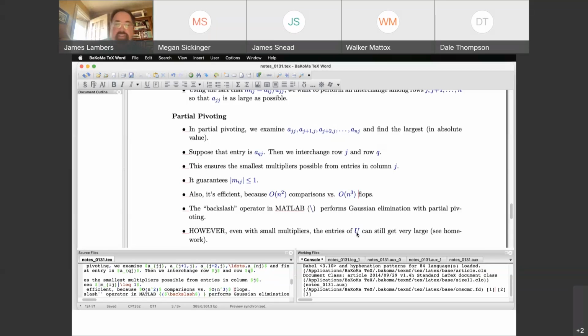So we like to have the entries of both L and U be of a reasonable size. Unfortunately, partial pivoting cannot guarantee that. And there's a homework problem for this section that illustrates the point.